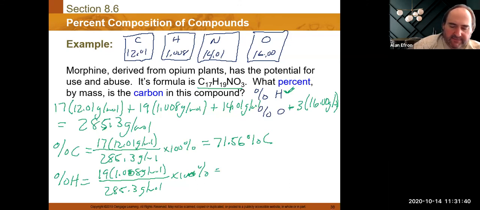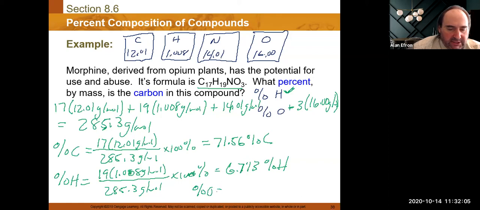That would get us for hydrogen about 19 up on top, divided by 285.3, times 100, 6.713% hydrogen.